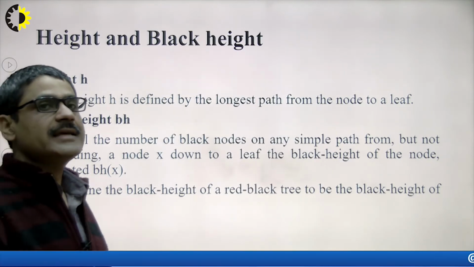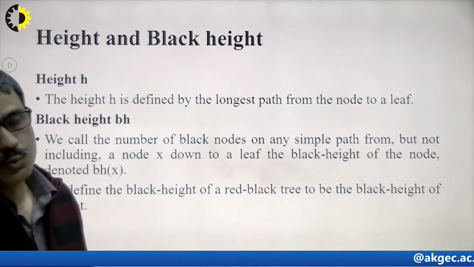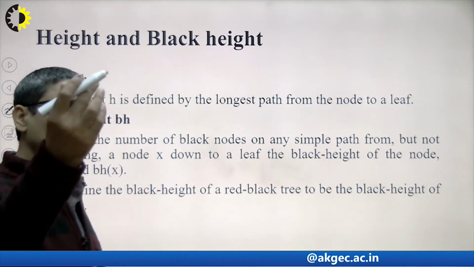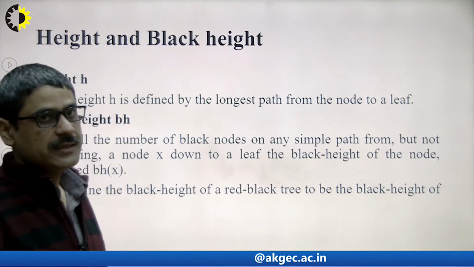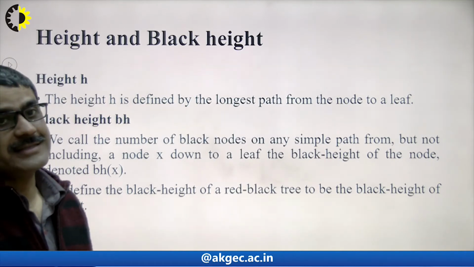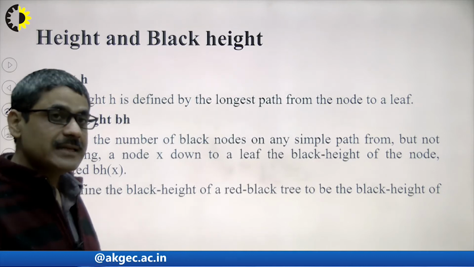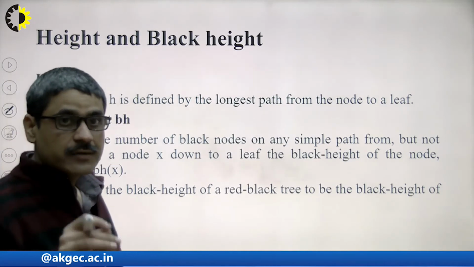The height is basically defined by the longest path from the root to a leaf. So whatever the longest path from the root to a leaf is, that is the height. Then we are talking about black height, and it is very important because black height is a very significant point for the red black tree.